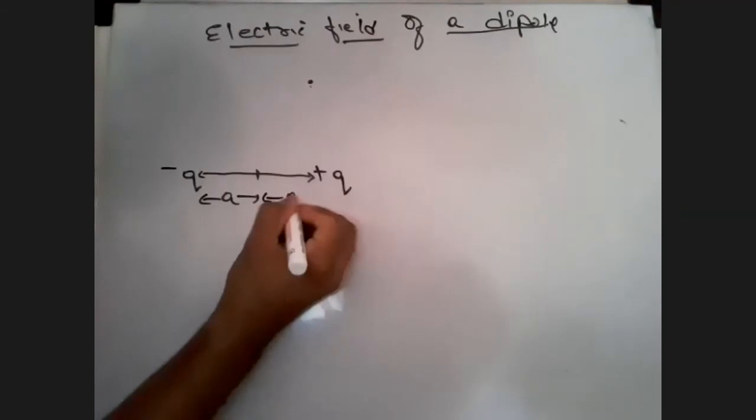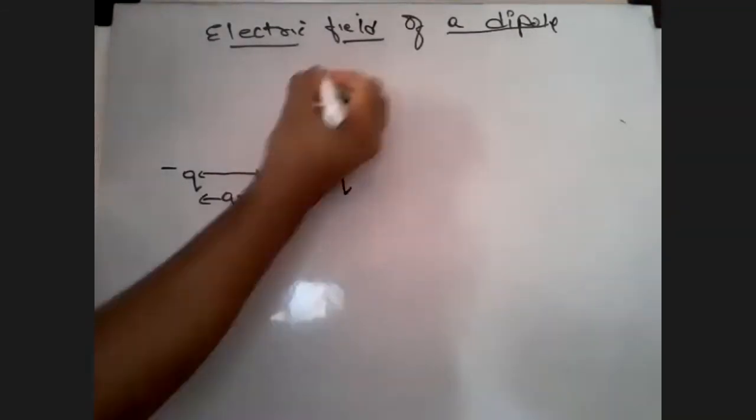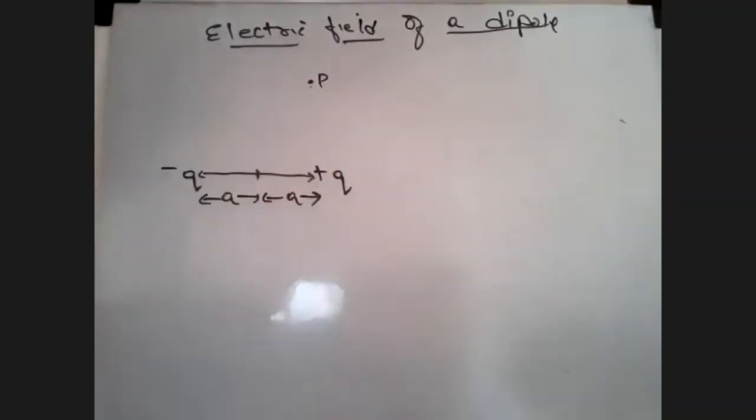Over here also it's going to be a, and this is a point P. This time I don't want the potential, I want the electric field intensity. Just as we solved electric field intensity problems, it is the same method.